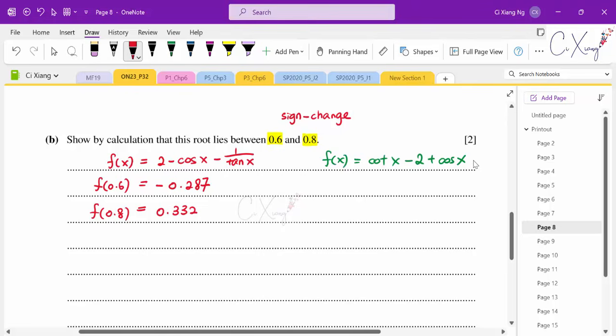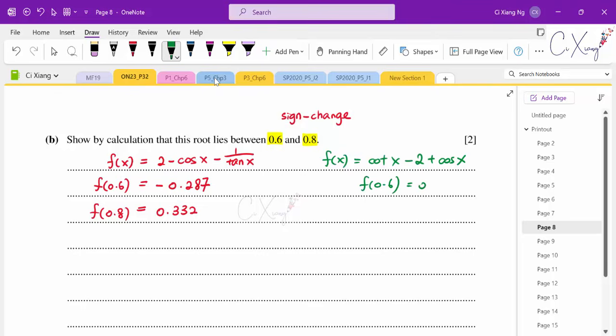So we substitute these two values and you get the sign change from negative to positive, or even from positive to negative. Then basically it means that the root lies between 0.6 and 0.8. If let's say just now you moved the equation the other way around, then by right, the answer for your f(0.6) should be positive, and this one should be negative.